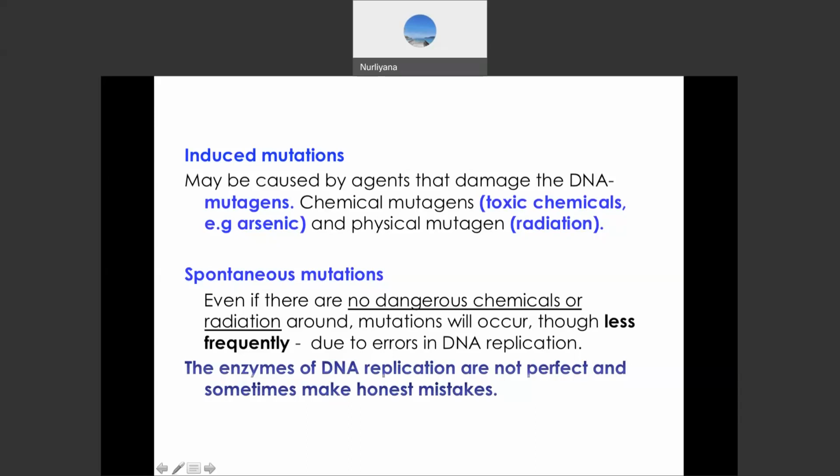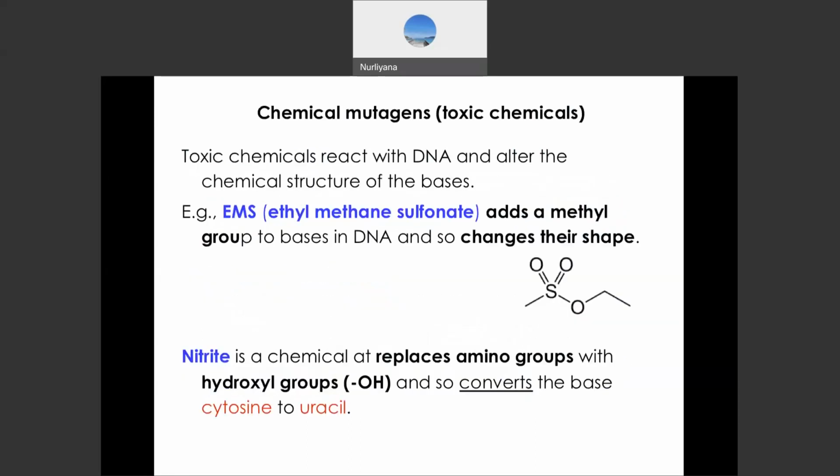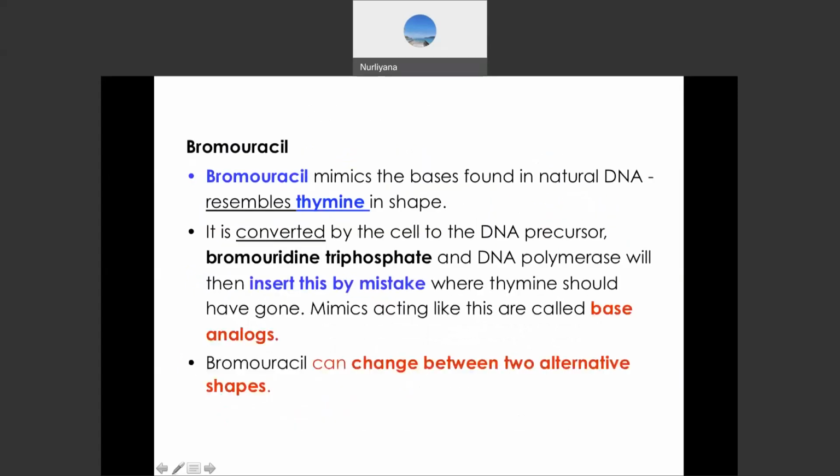Because the process of replicating our DNA occurs very fast, it has a tendency to make some mistakes. These are some examples of mutagens. For example, EMS, ethyl methane sulfonate, nitrite, and if you have ever heard of bromouracil, for instance, this bromouracil has the tendency to mimic one of our bases.